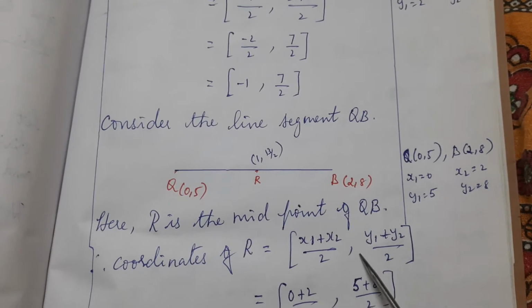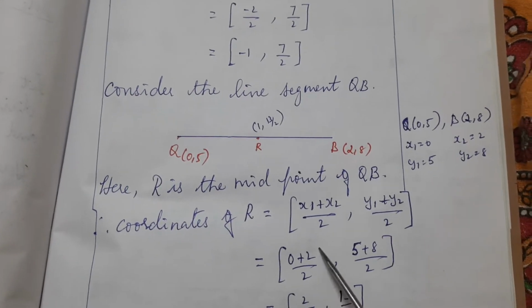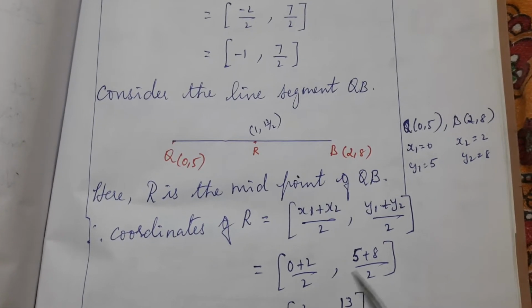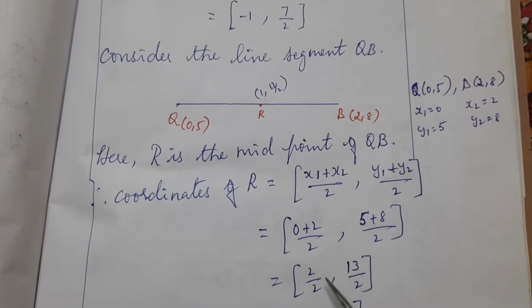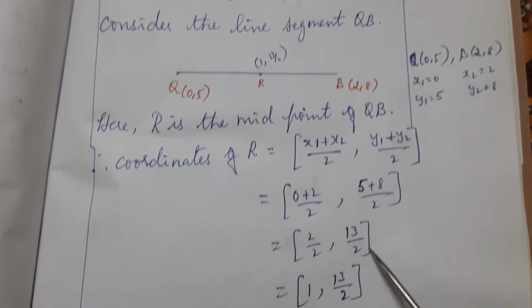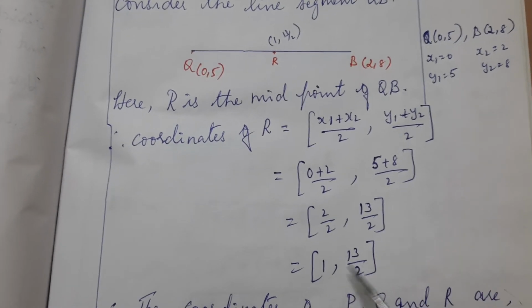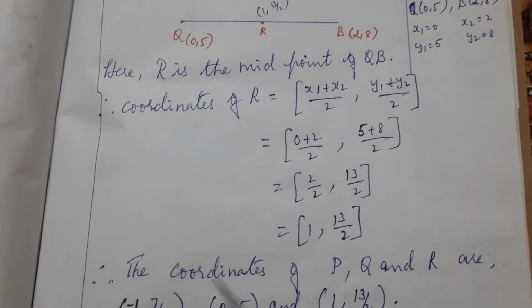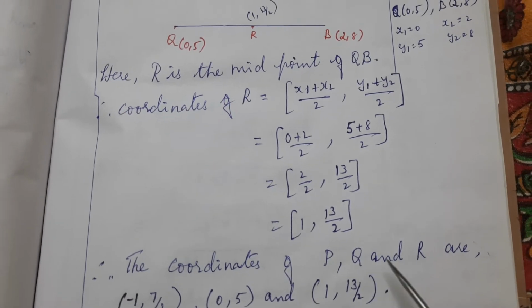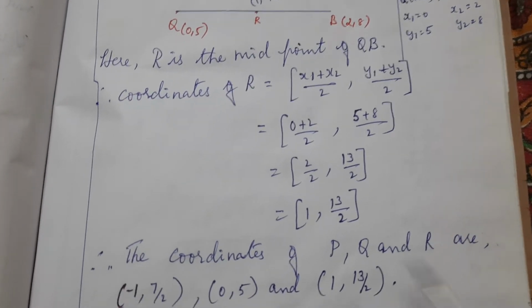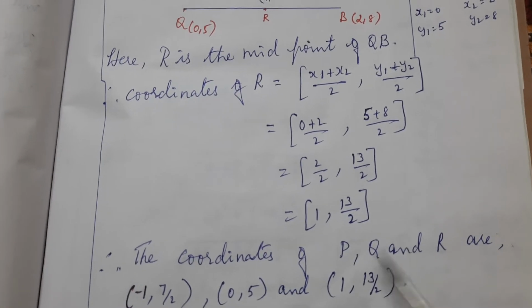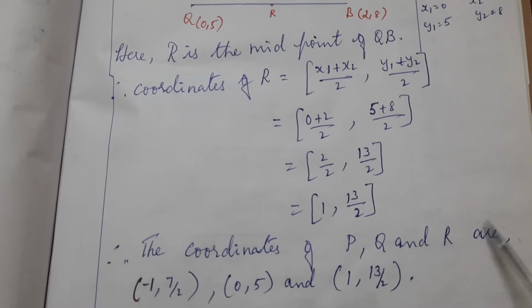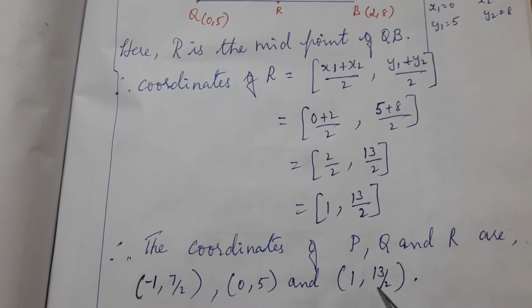Substituting these values in this formula, we get (0 plus 2) by 2, (5 plus 8) by 2. So 2 by 2, and 13 by 2. 2 by 2 is 1, and 13 by 2. Therefore, the coordinates of P, Q and R are (-1, 7/2) for P, (0, 5) for Q, and (1, 13/2) for R.